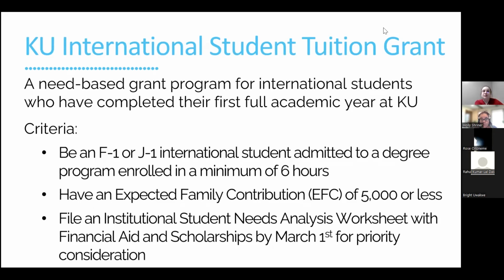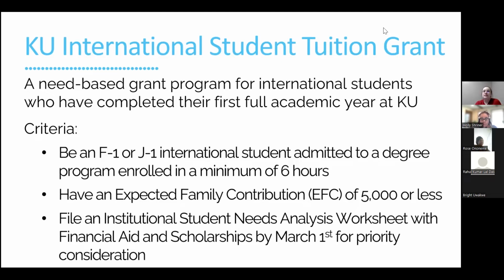And then, like I mentioned previously, there is a KU International Student Tuition Grant. It is going to be a need-based program for international students who've completed their first full year of academic work at KU. So once you are past your first year, if you have a program that's for more than 1 year, you're eligible to apply for this. Or if you're an undergraduate student coming into a graduate program at KU, then you can also apply for this.